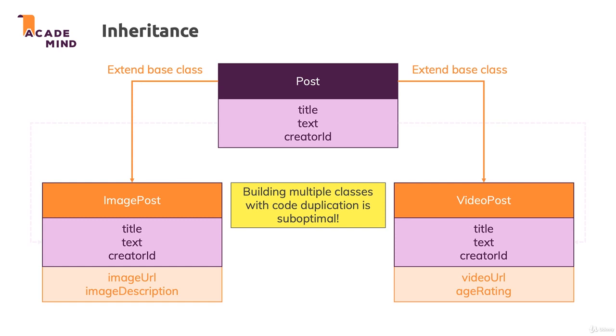So you can extend that class and then you get this shared purple content automatically in the specialized classes, and you can still add your own extra properties or logic in these subclasses here. You can also override things shared in the base class if you would want to do that. And now that's something we can utilize here. This concept of inheritance is something we can utilize here in our project as well.